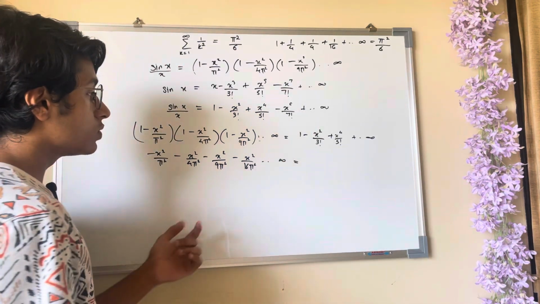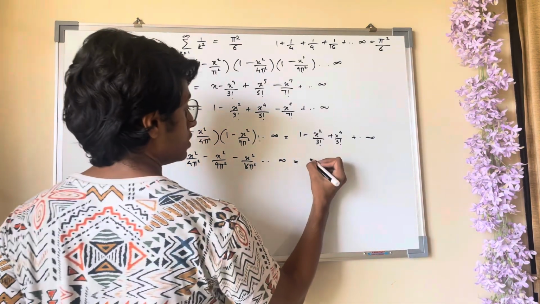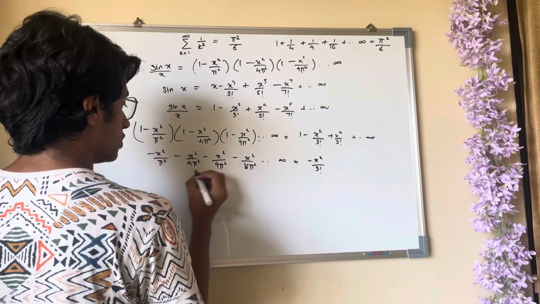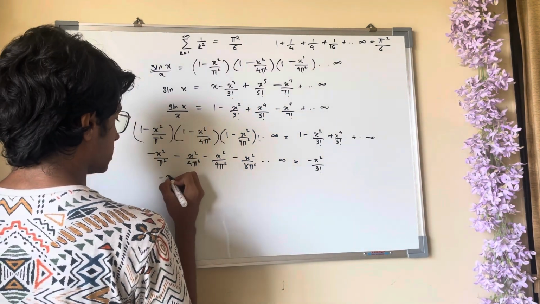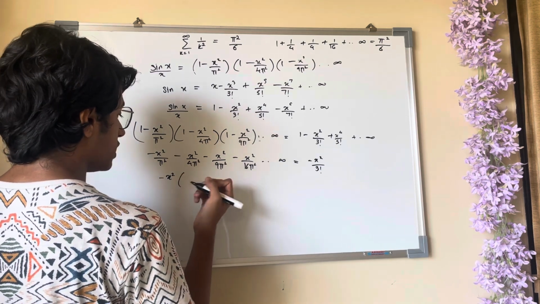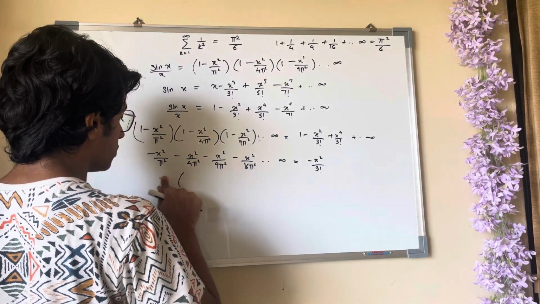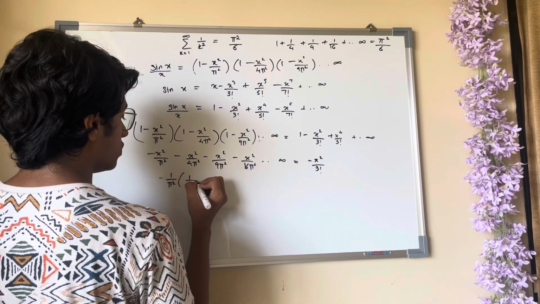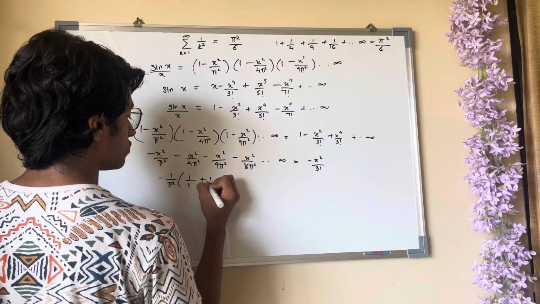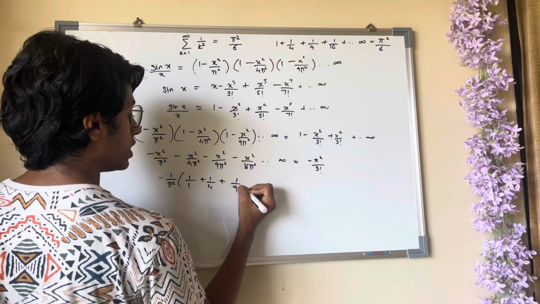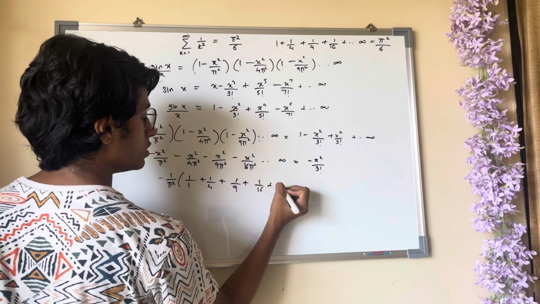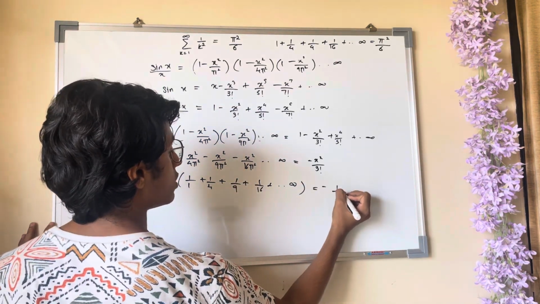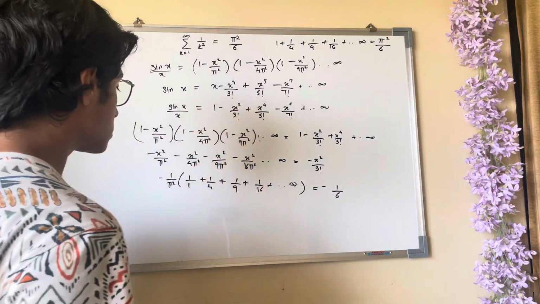And since we are observing only the coefficient of x square, we can write this as minus x square by 3 factorial. Taking minus x square common or equating directly the coefficient of x square, we get minus 1 by pi square into 1 by 1 plus 1 by 4 plus 1 by 9 plus 1 by 16, so on till infinity, is equal to minus 1 by 3 factorial, which is 6.